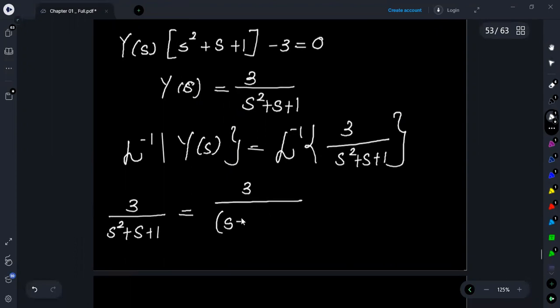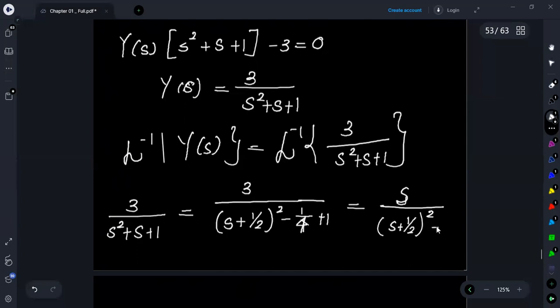The coefficient of s is 1, half of it is a half, squared is 1 over 4. So this equals 3 over (s plus half) squared plus 3 over 4.